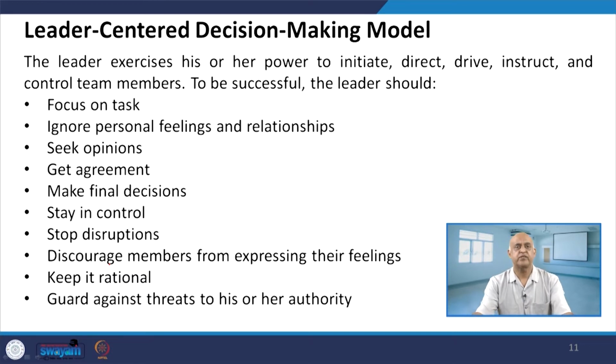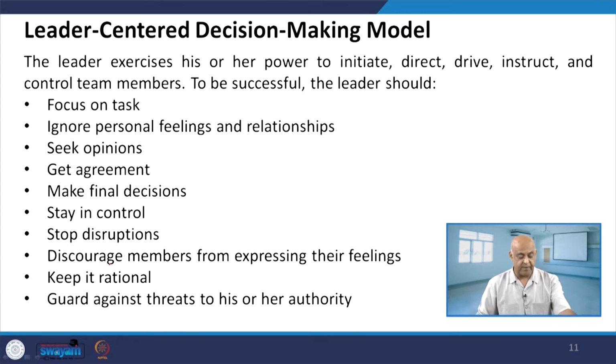He should focus on the task, ignore personal feelings and relationships, no biasness, seek opinions of all, get agreement so that the work can be done, make final decisions, that is when they will start the work and end the work, stay in control. So, in that case there will be no deviations, stop disruptions as we are in control, so no disruptions will be there.